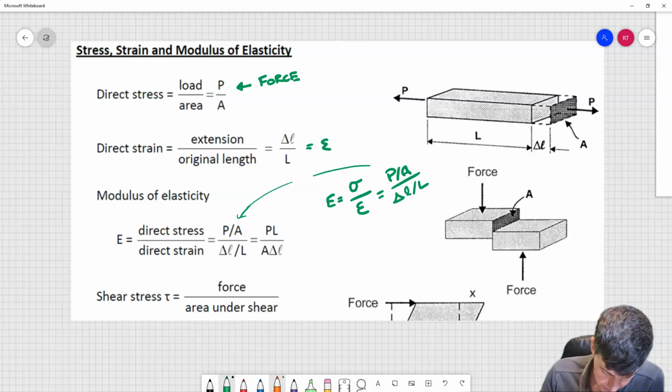Simplified, the A on the top goes to the bottom, the L on the bottom goes to the top, and what we're left with is a really powerful version of this Young's modulus equation, which says E is equal to the force times the original length of an object divided by the area and divided by the change of length.